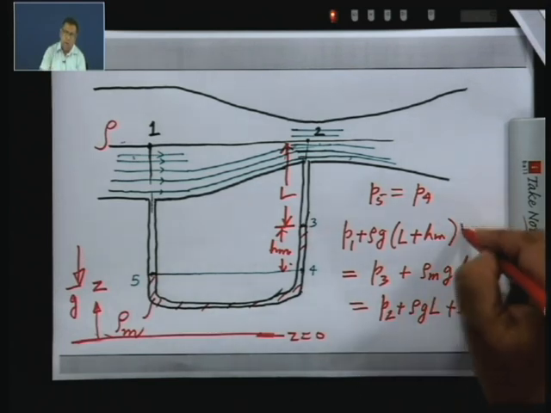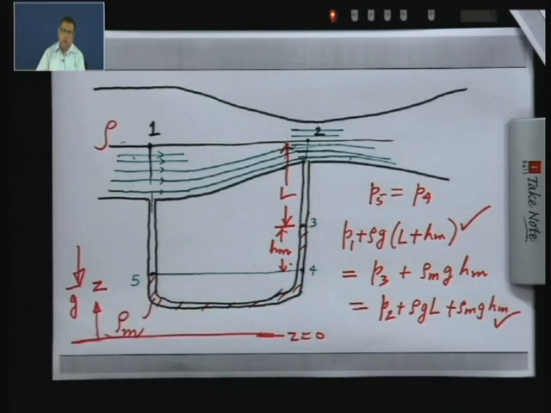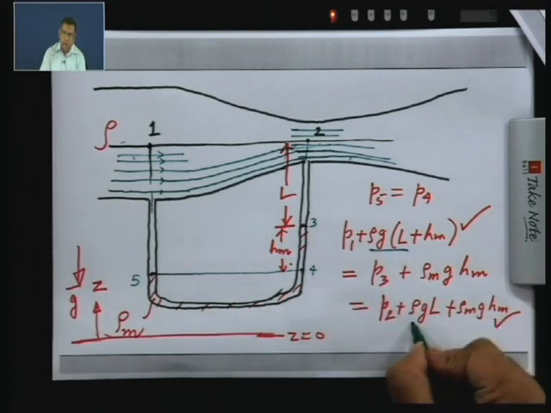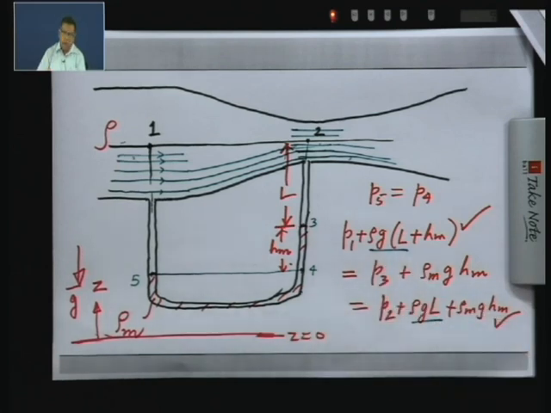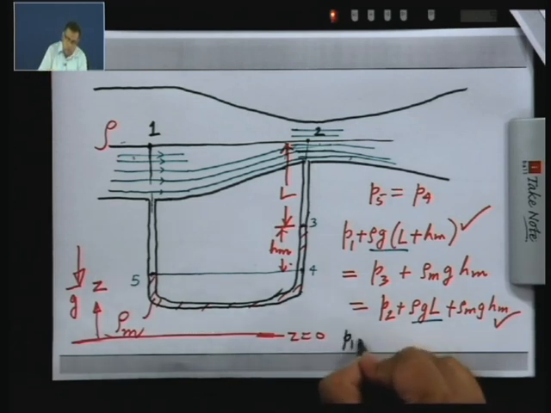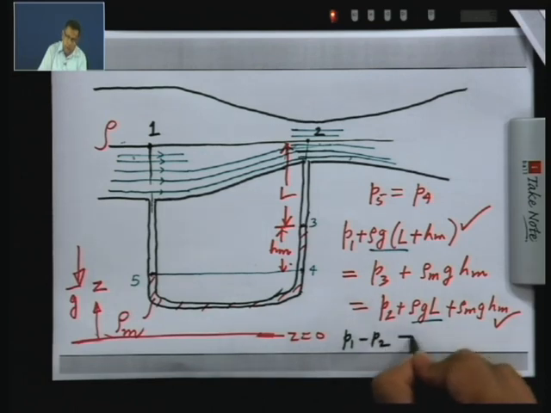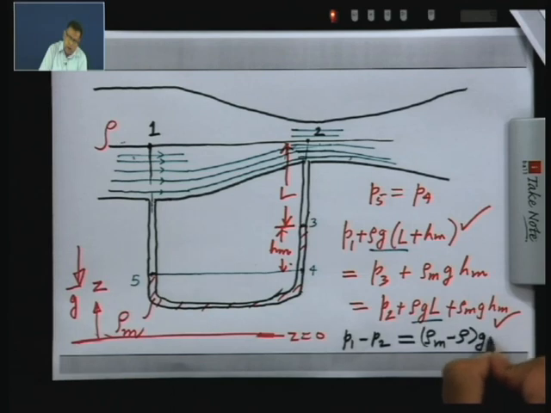Now, you look at these two equations, you will find that the rho g L term appears in both the equations. So, that will cancel out, and if you want P 1 minus P 2, that will be equal to rho m minus rho into g into H m.